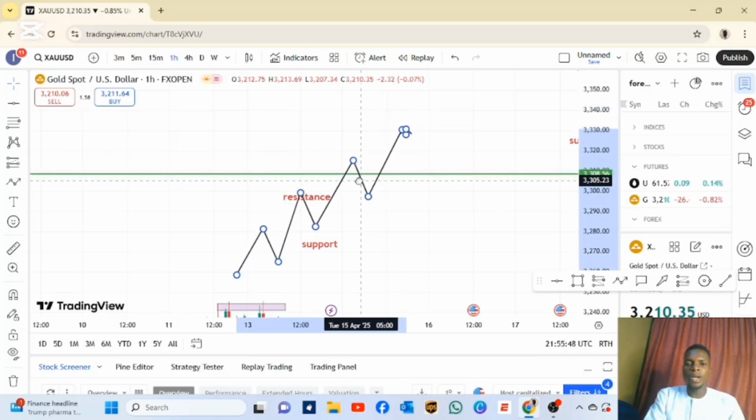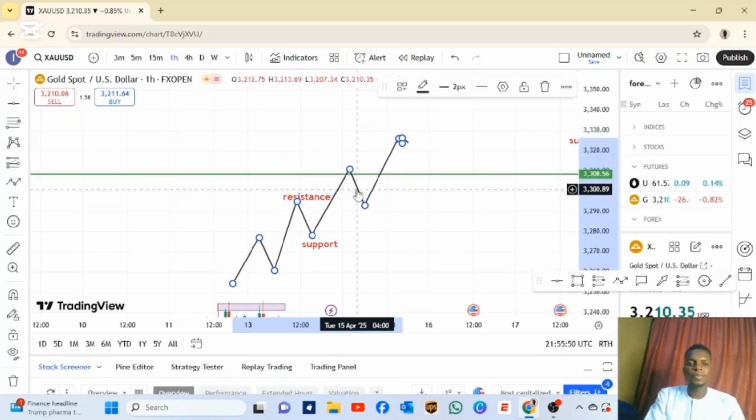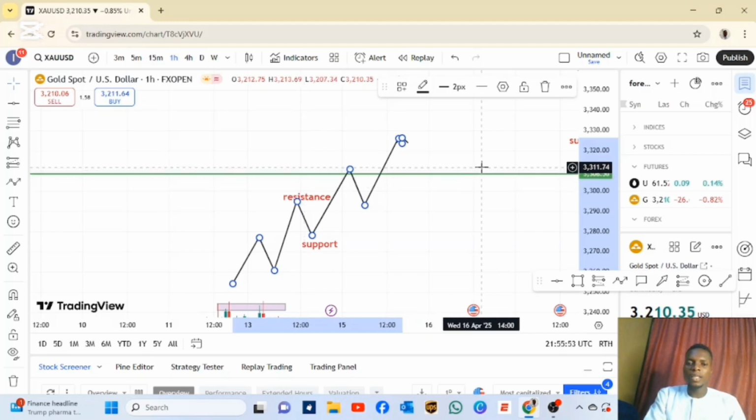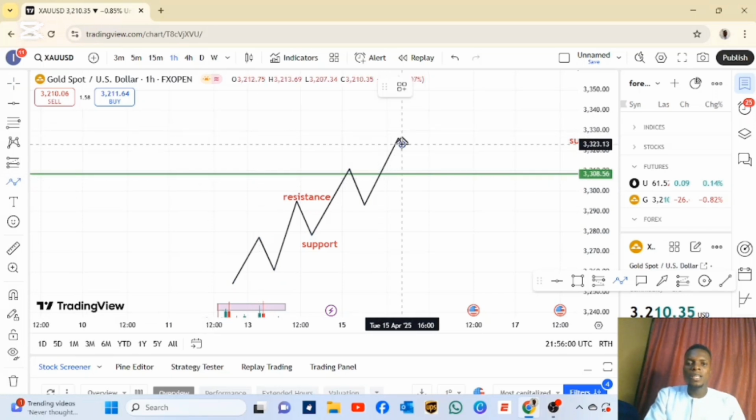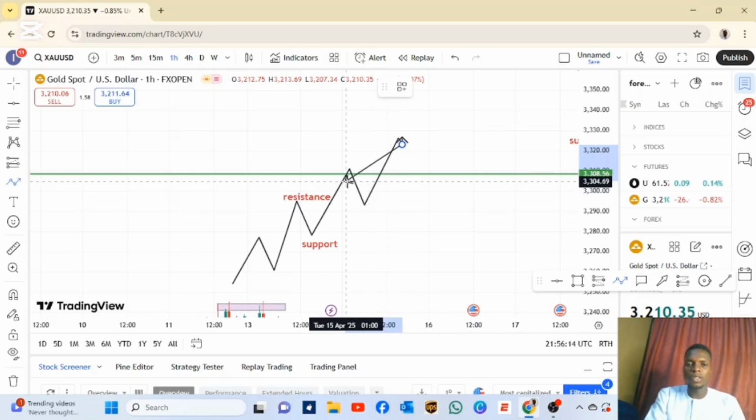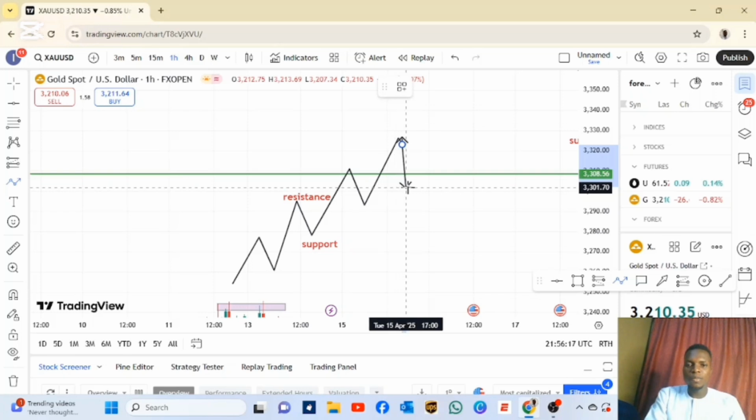And you can see this market will keep on doing this as long as the market is pushing to the upside. The moment this market comes all the way to this resistance, breaks below, and the candle closes below this level, this market is no longer in an uptrend, right?